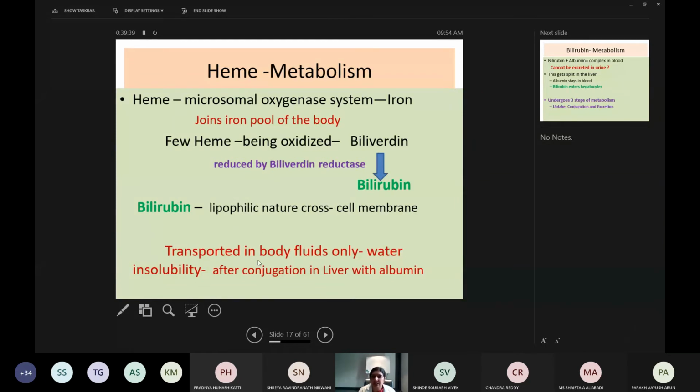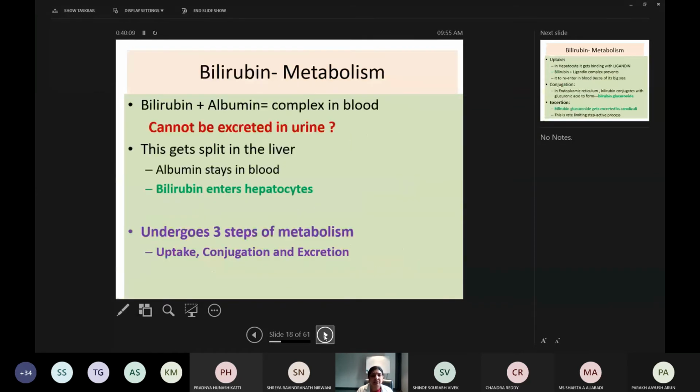It is transported in the body fluids as a lipid molecule, since it is water insoluble, not hydrophilic. In the liver conjugation occurs, and along with albumin a bilirubin-albumin complex is formed in the blood.